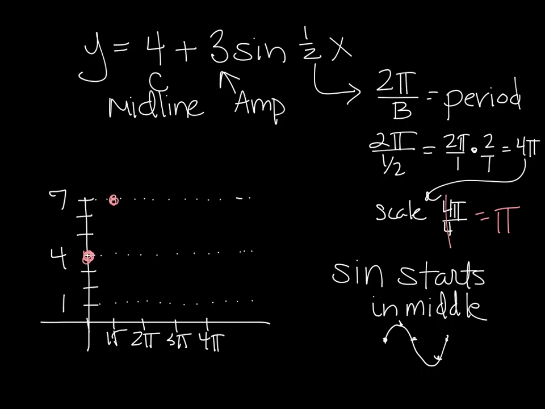Our top at the next tick mark is 7. Back to the middle. At the next tick mark we're at the bottom, and at the last tick mark we're back up at the top. Here is one cycle of sine. Remember, of course, it would keep going this pattern indefinitely, but we are going to graph one cycle accurately.